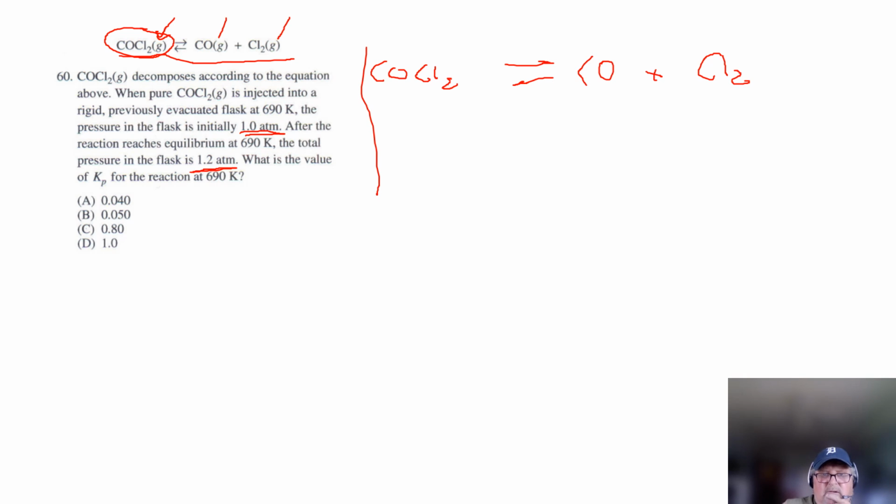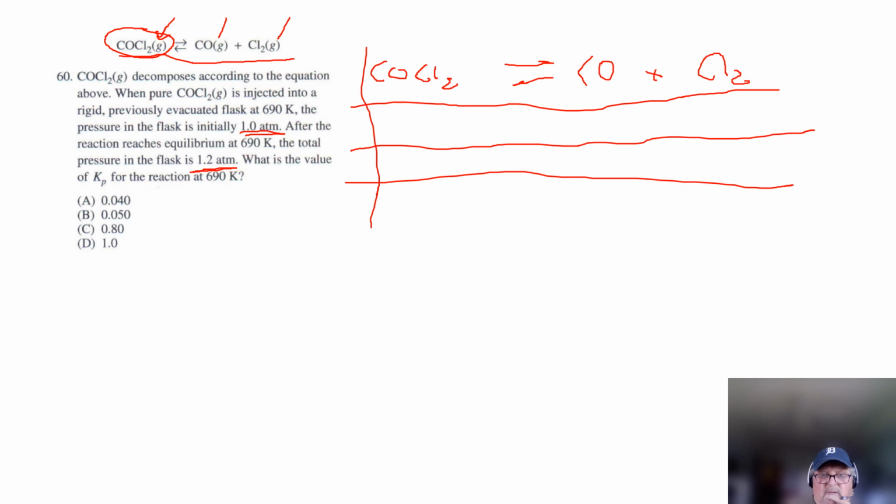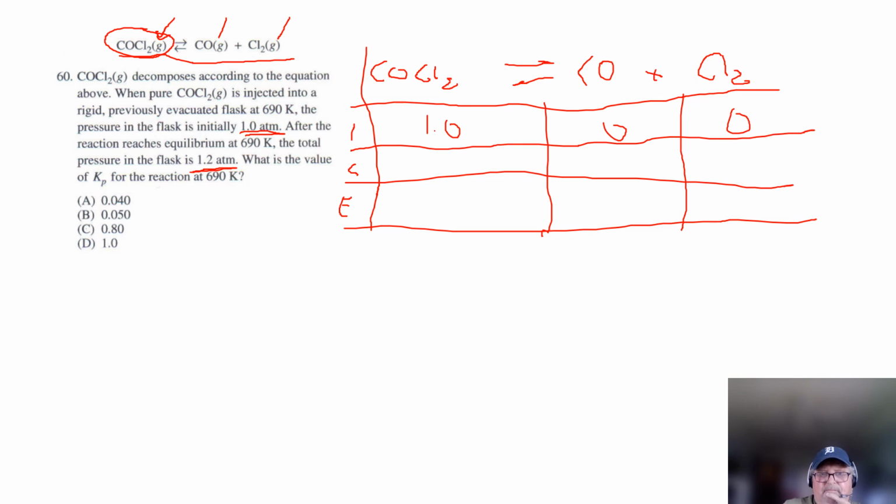Okay, initial, change, equilibrium. We start out with an initial 1 atmosphere, and 0 for the products.